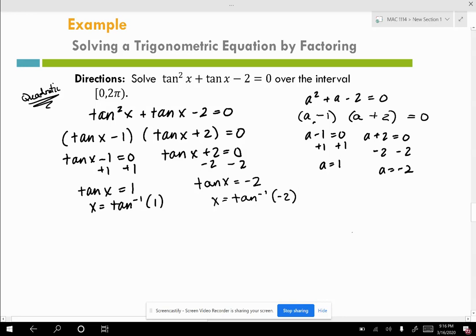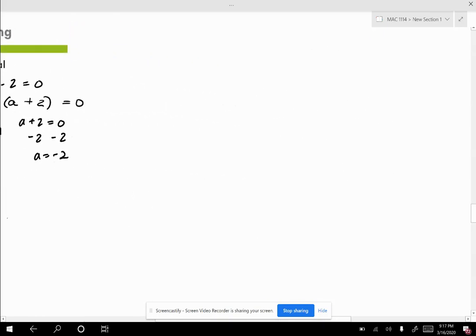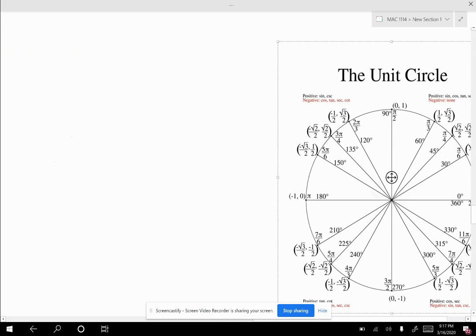Negative 2. So remember, when your inverse trig functions are in play, the only way that you can solve for the variables means that you are answering the question, what angle satisfies these conditions? So for this first one here, they want us to know what angle gives us a tangent value of 1. Okay, so I have our unit circle here.